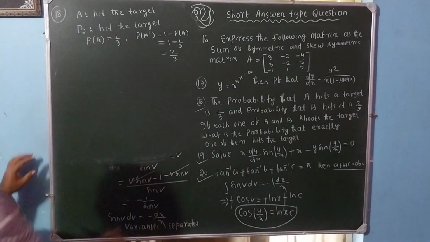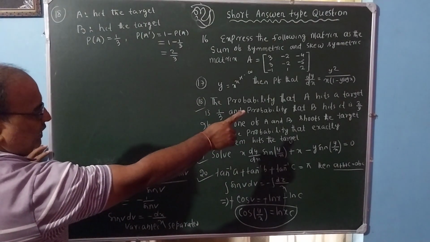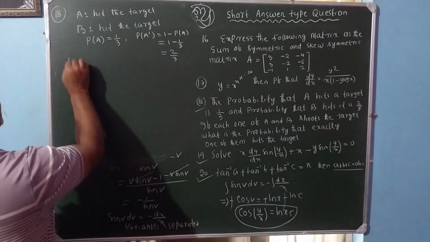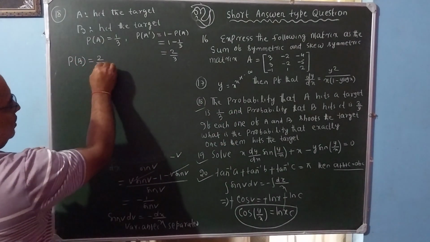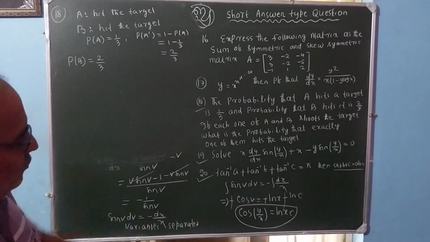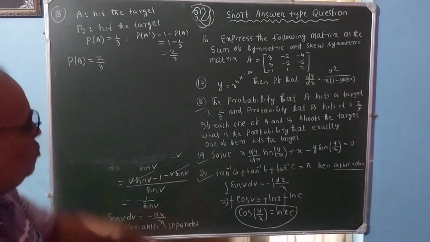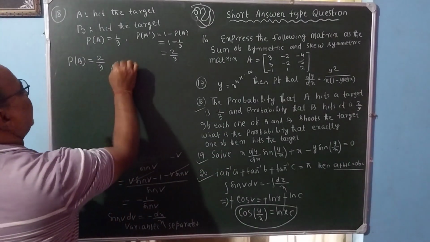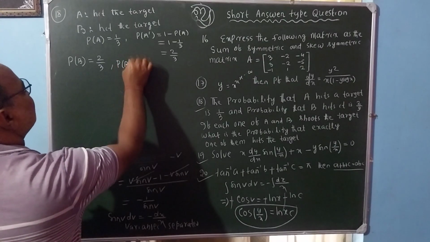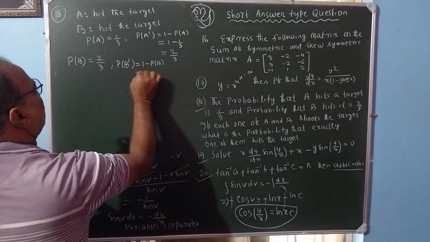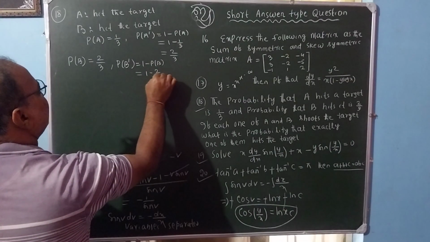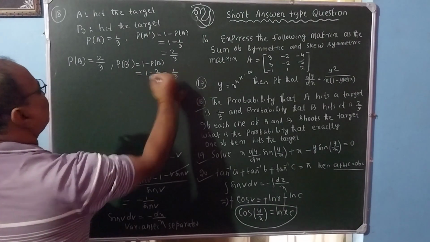Then probability of B is 2 by 3, the chance of hitting the target by B. So probability of B dash is 1 minus probability of B, 1 minus 2 by 3, it is 1 by 3.